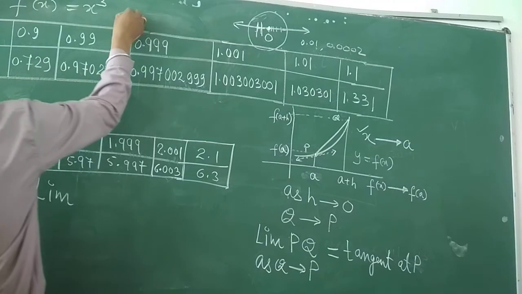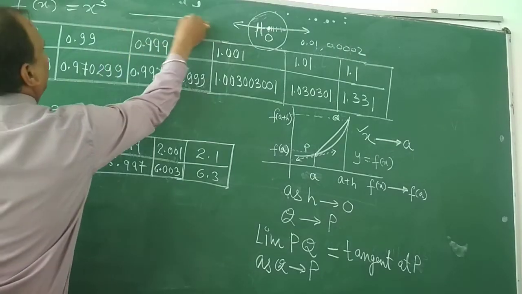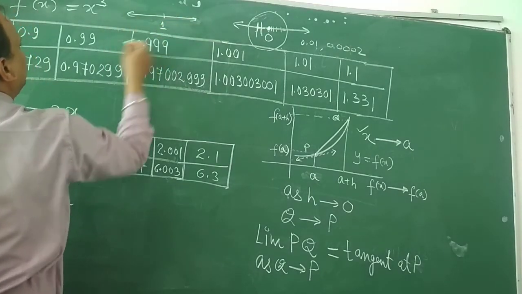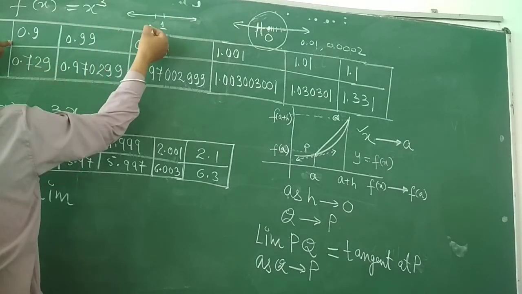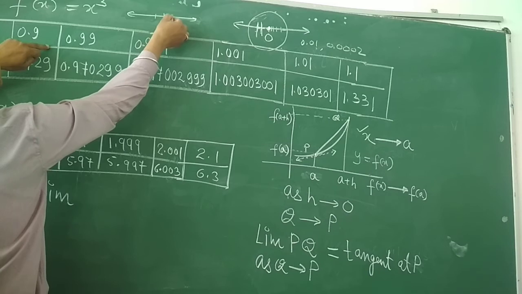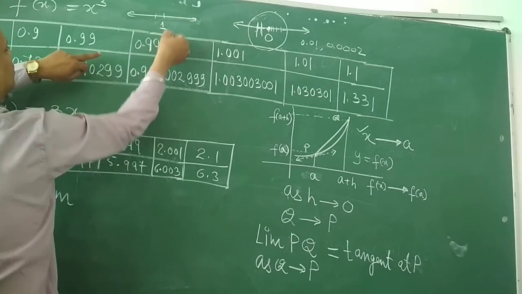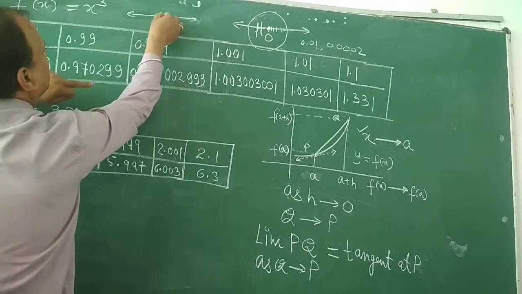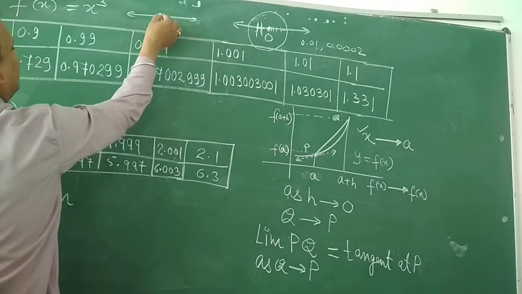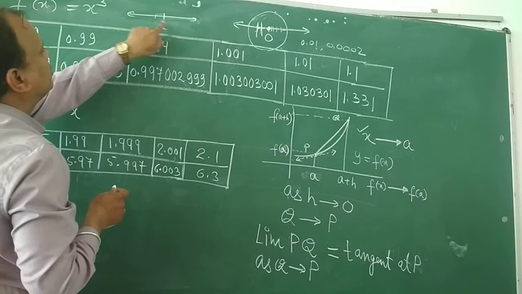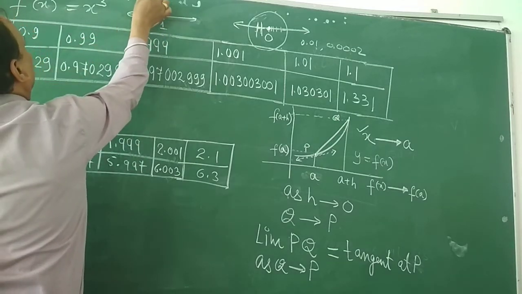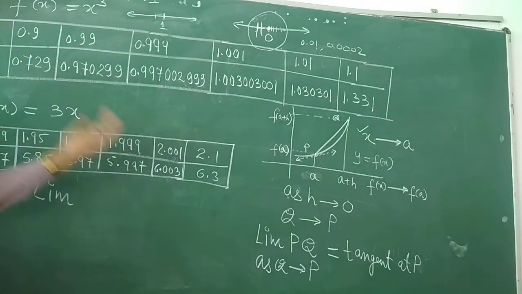You can draw the real number line and find that these values are nearer and nearer to 1: 0.9, 0.99, even nearer, 0.999, even closer and closer to 1. As you go nearer and nearer to 1, the values of x are approaching 1. So we say that x is tending to 1.